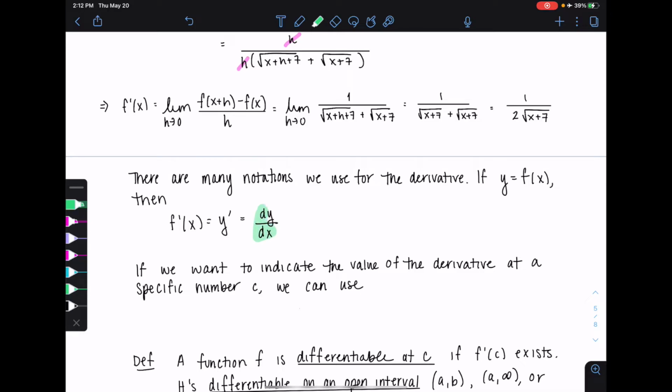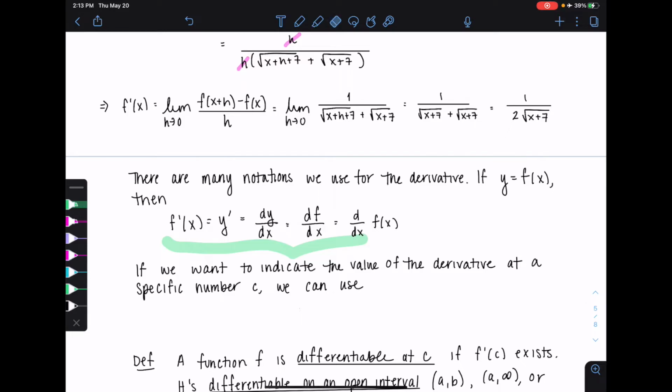This d over dx tells you you're taking the derivative with respect to x. The y indicates the function you're working with. You can also say df dx, or you can say you're going to take the derivative with respect to x of this function.